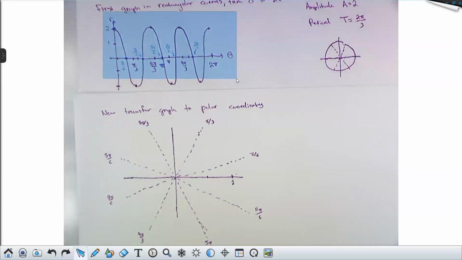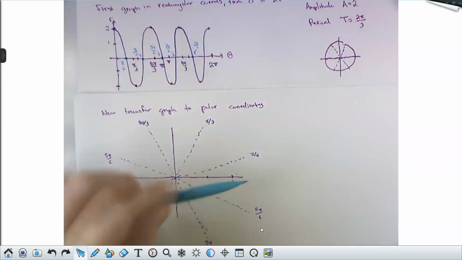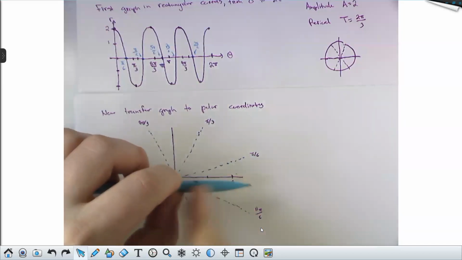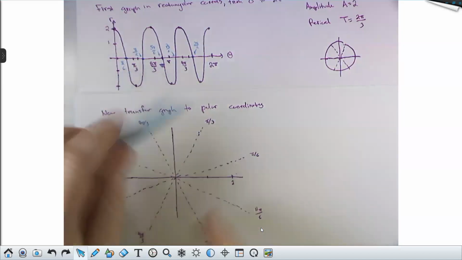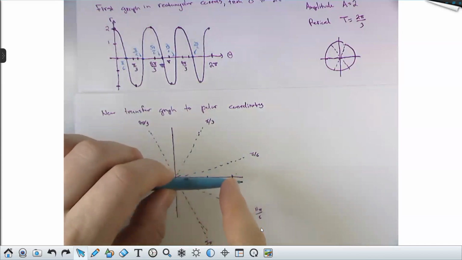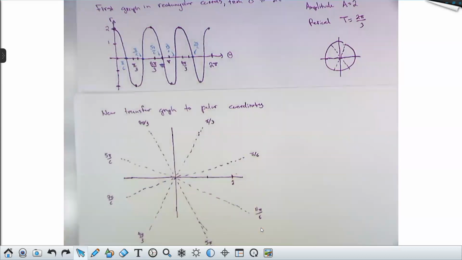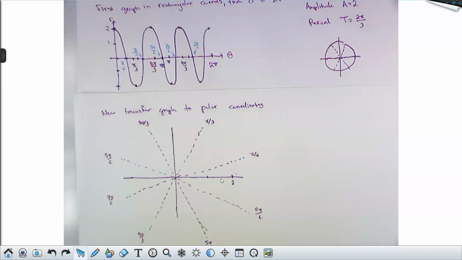So this curve in rectangular coordinates is going to be translated into a curve in polar coordinates by following the rule that the dude, this is your little radius arm, his distance from the origin is dictated by the r values here. So when theta is 0, he's out here at distance 2. And as theta rotates up from 0 towards pi over 6, he's running inward because this graph is decreasing. And by the time I get to pi over 6, my little dude has run all the way back into the origin.